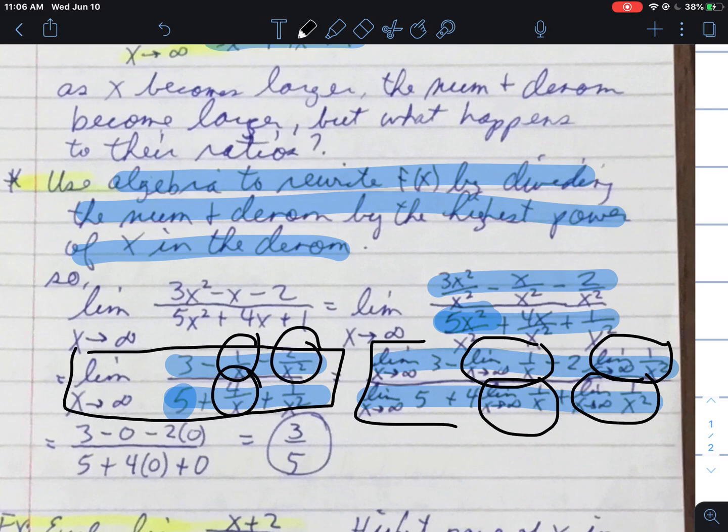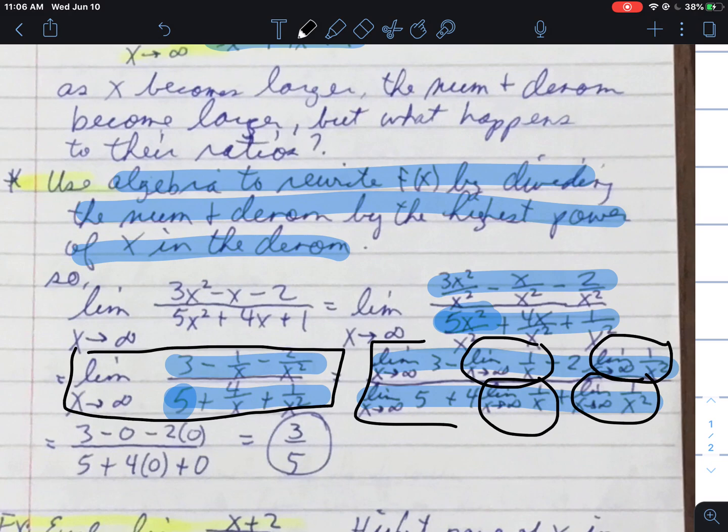Why is that 0? It's because of this particular theorem, the limit as x approaches infinity of 1 over x to a power. Okay, so again, it may seem a little redundant and like writing it out multiple times, but it is a little tool. It's a process we're going to use a lot, so I want to make sure that we're clear on exactly what's happening here and why it works the way that it works.